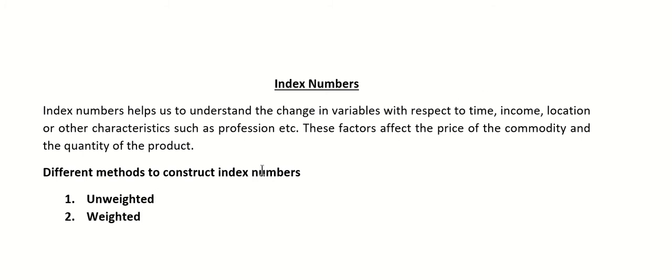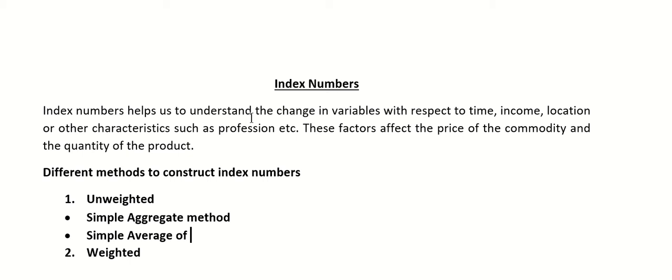Under unweighted, there are two types. The first type is the simple aggregate method, and the second one is the simple average of relative method.